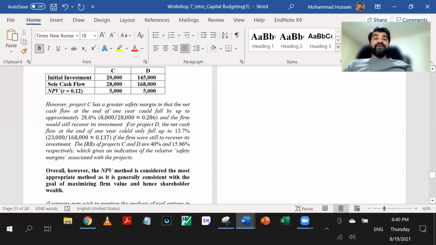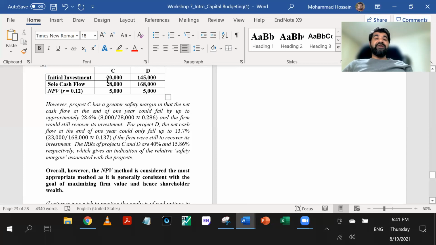For project D, the net cash flow at the end of 1 year could fall by up to 13.7%. The difference is 168 minus 145, so the cash flow can drop only 23,000, which is 13.7%. So what do they mean by this?